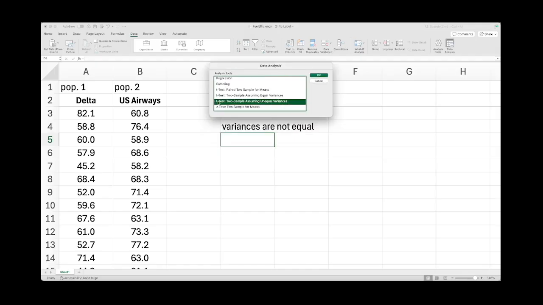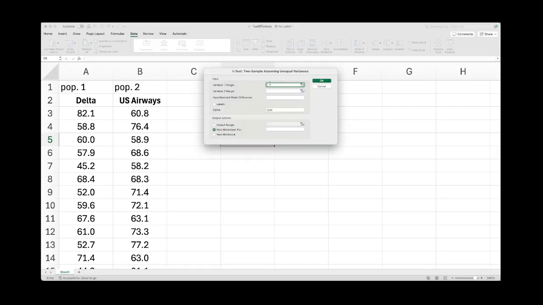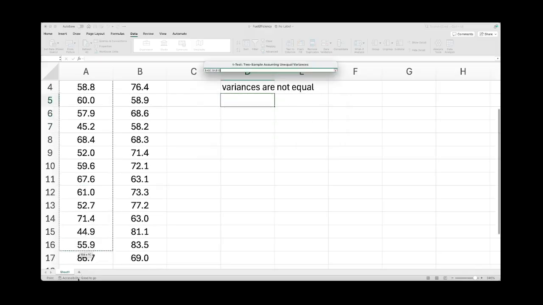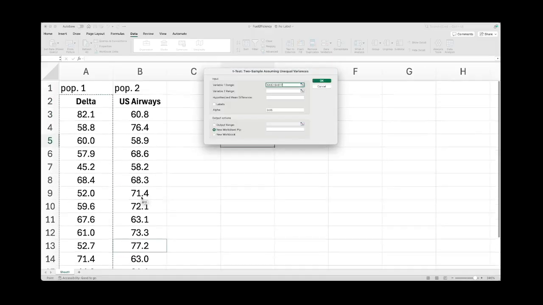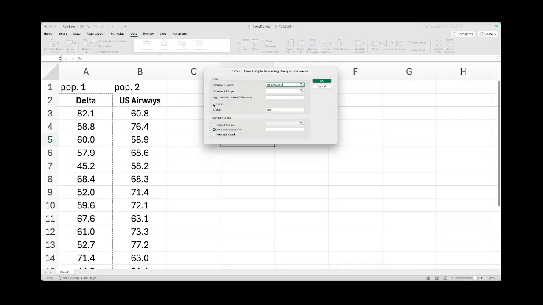It's a t-test because they didn't tell us the population standard deviations. We only have information about the sample, and they told us that we have unequal variances. So if I hit OK, my variable 1 is going to be this Delta data. I'm going to highlight the Delta data, and I included the Delta label in what I highlighted.